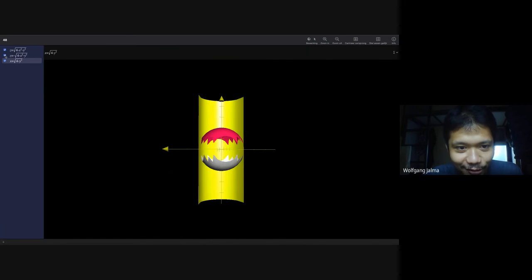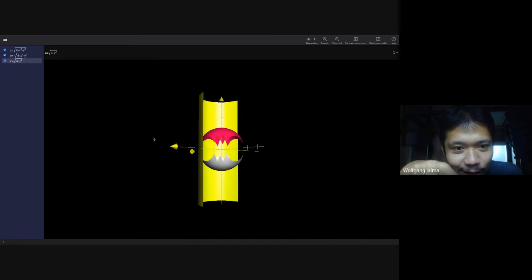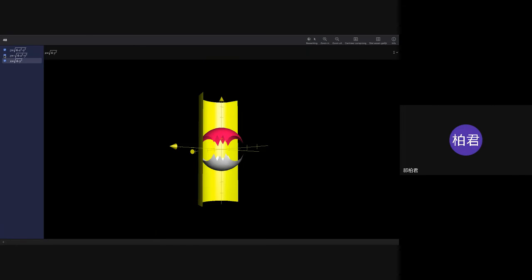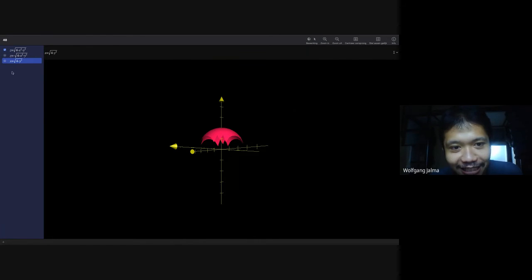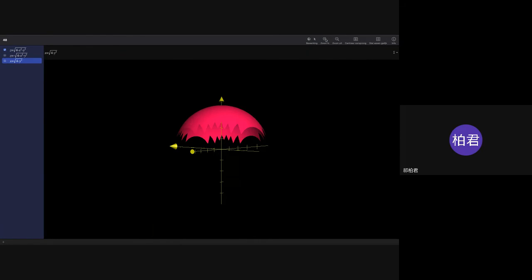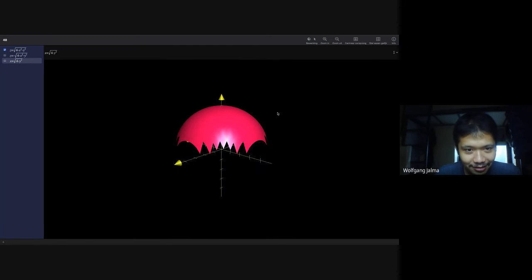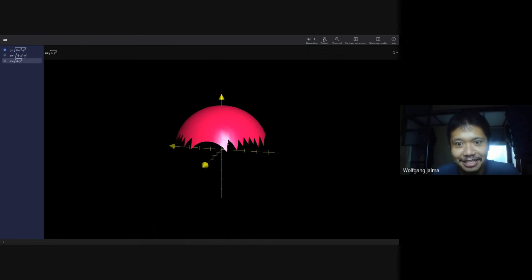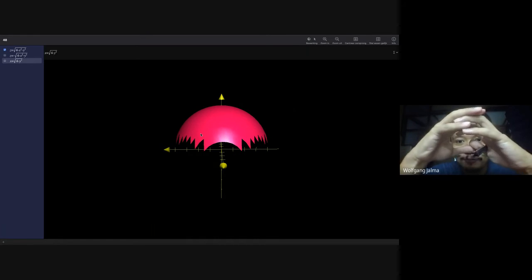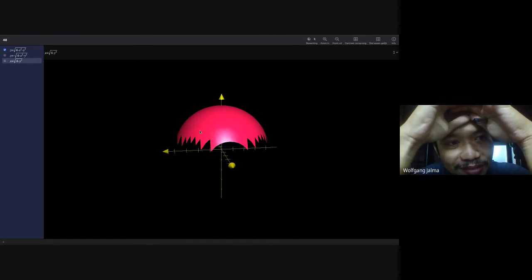Look, do you see that there is something like teeth in the red and white, so it is not smooth, right? Yeah. Do you know why? No. That's just the graphic. Actually, it's smooth. In real life, it is a smooth dome.